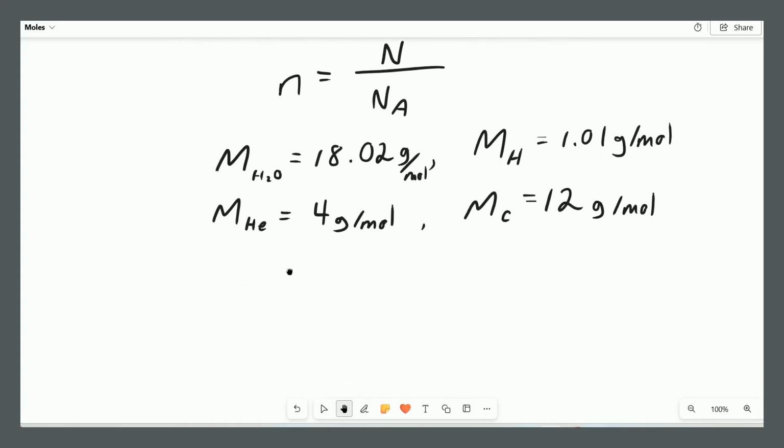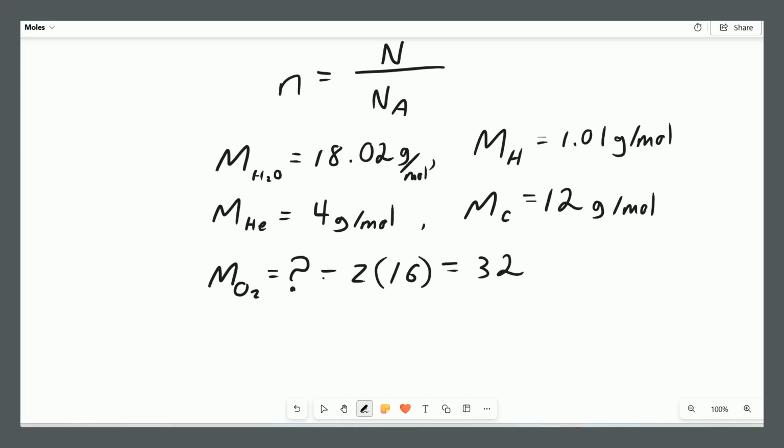As another example for something we haven't done yet, what is the molar mass of oxygen gas, O2? Well, we know that the atomic mass of oxygen is approximately 16, and O2 has 2 oxygens, so that gives us 32.